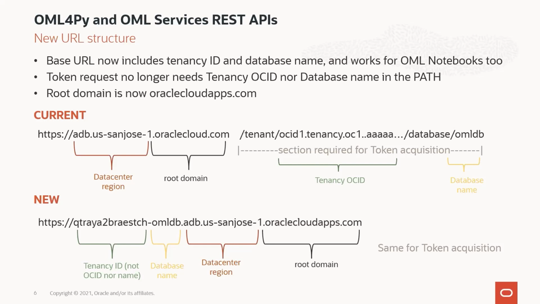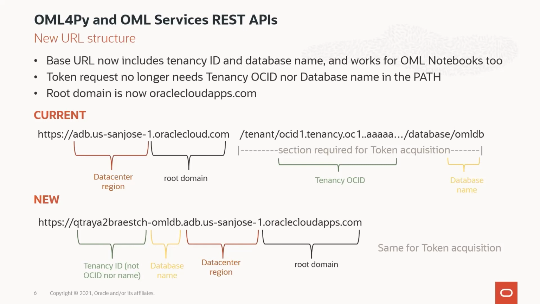And OML Services supports model management and deployment in Autonomous Database. For both the OML for Python and OML Services REST APIs, the base URL now includes the tenancy ID and database name. And this works for the OML Notebooks URL too.